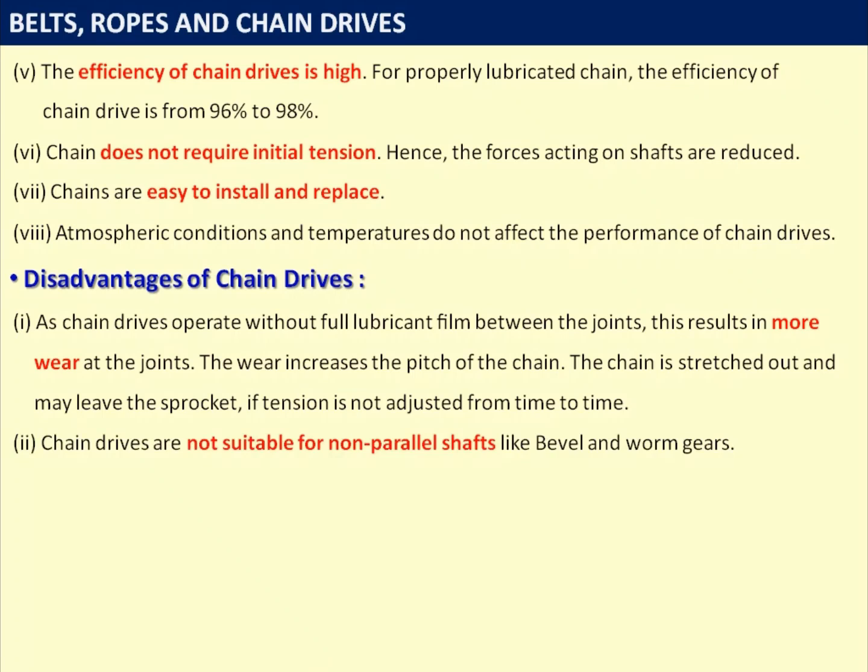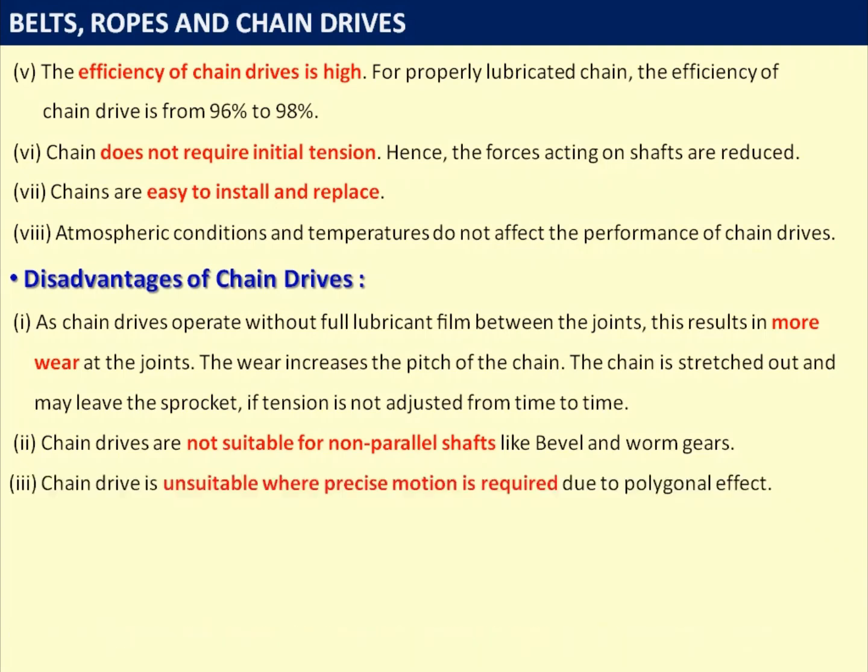Chain drives are not suitable for non-parallel shafts like bevel and worm gears. Chain drive is unsuitable where precise motion is required due to the polygonal effect, which we will be discussing in the forthcoming slides.